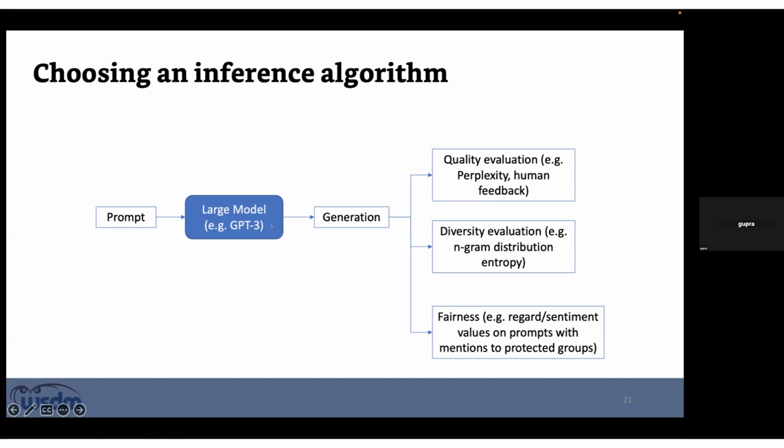People generally look at some sort of quality evaluation of these decoding algorithms. They also look at diversity because they want interesting things to be generated through these models. But we also looked at fairness. We looked at the sentiment, or a metric called regard, in the generations when these models are prompted with different prompts mentioning different backgrounds.